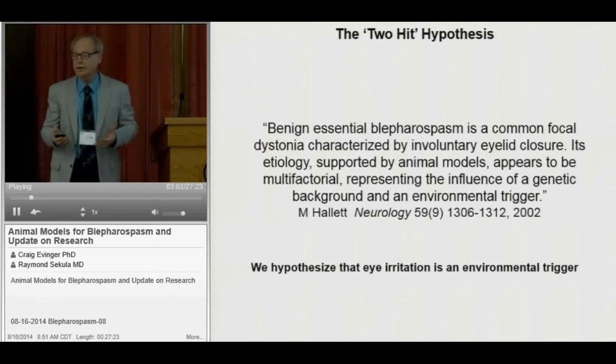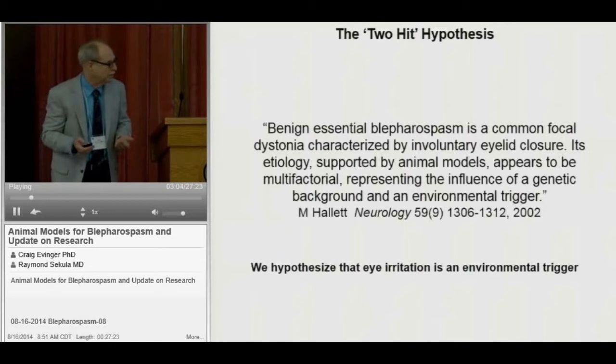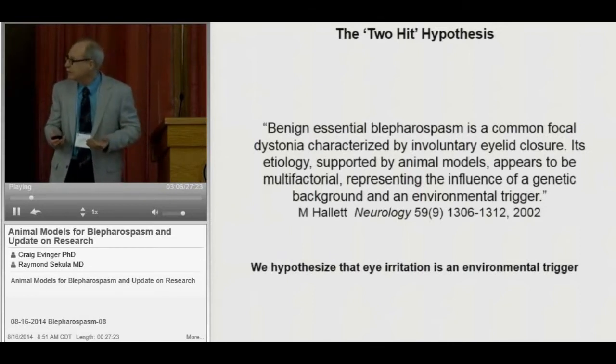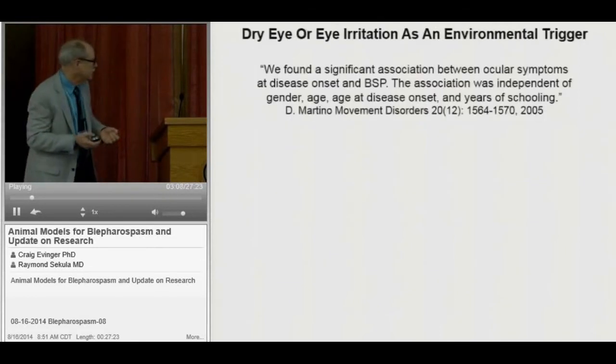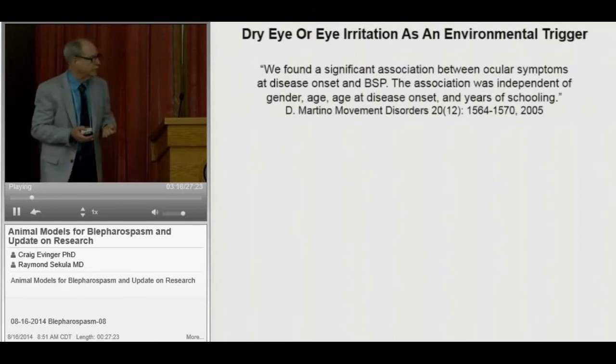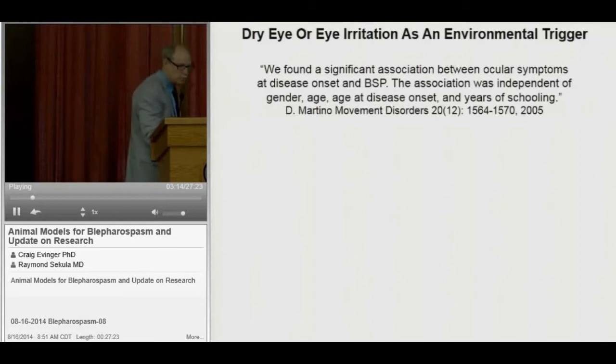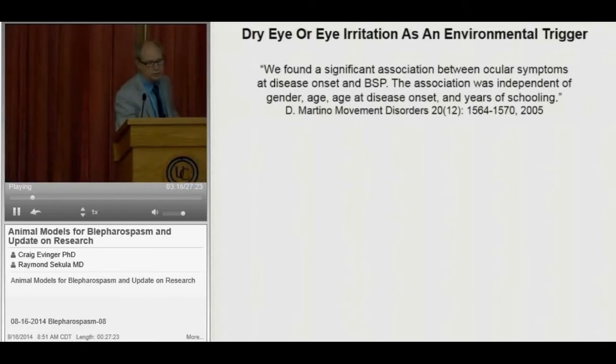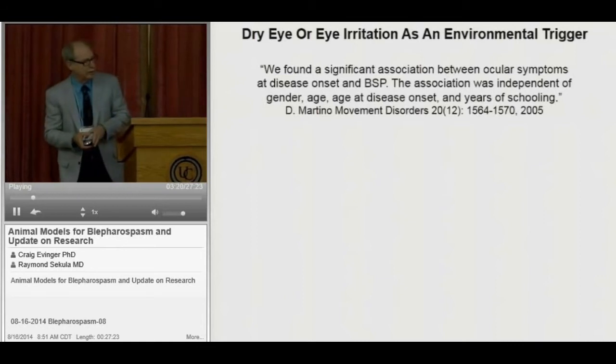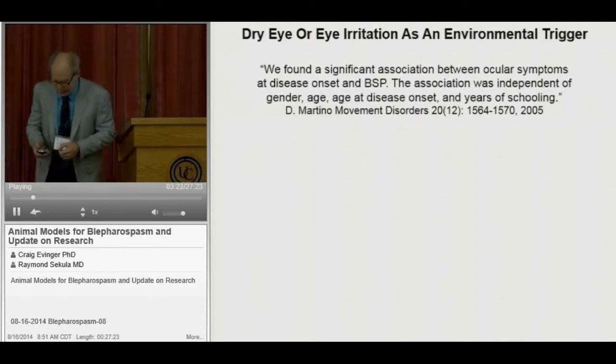That's hardly an idea that's original to me. Lots of people have done it. And out of the human literature, this is a study from Dr. DeFazio's lab, which says that there's a significant association between ocular symptoms, they're talking about dry eye, that sort of thing, and BSP, which is the abbreviation for blepharospasm.